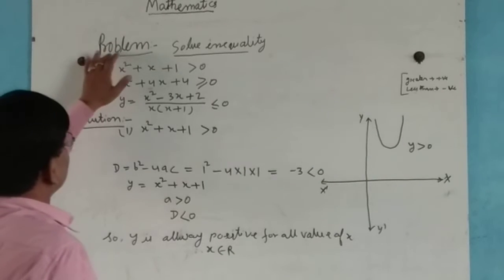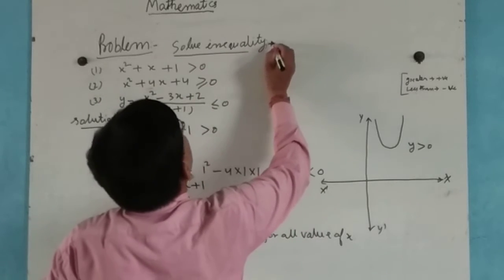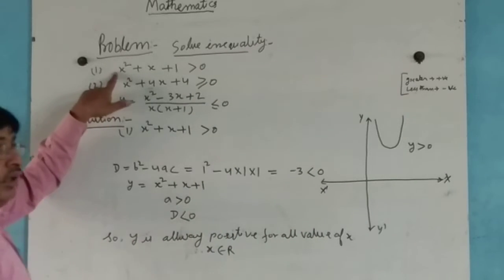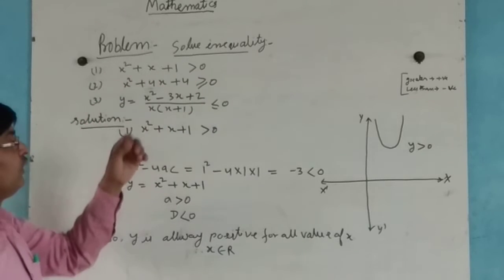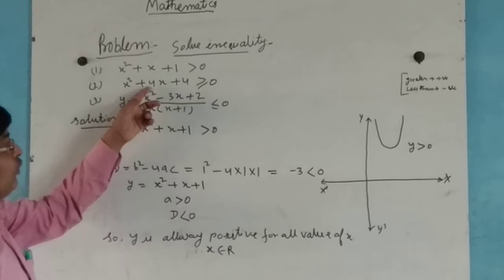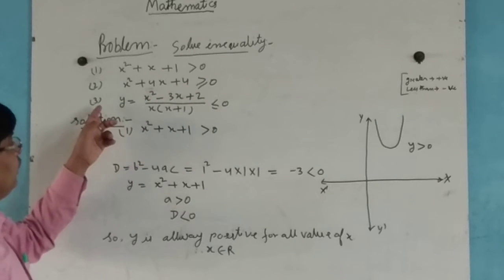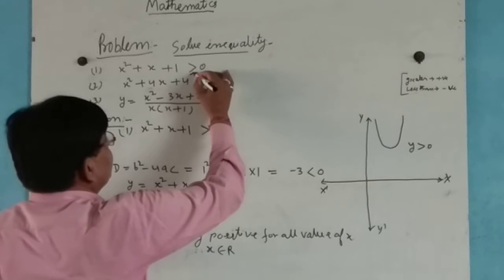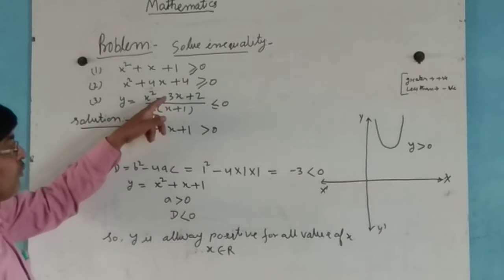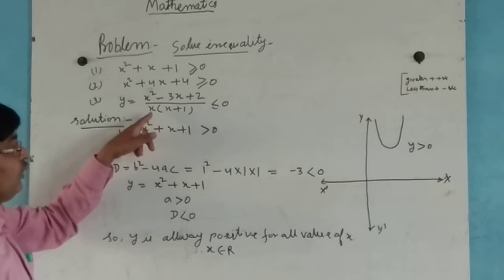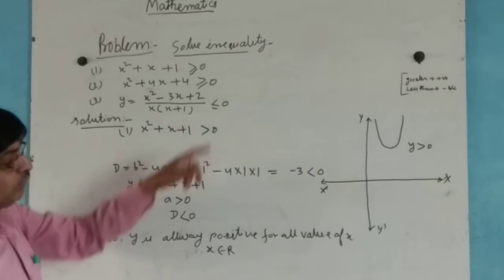Now, the problems are: solve the inequality. First is x² + x + 1 > 0. Second is x² + 4x + 4 ≥ 0. Third is y = (x² − 3x + 2)/(x + 1) ≤ 0.